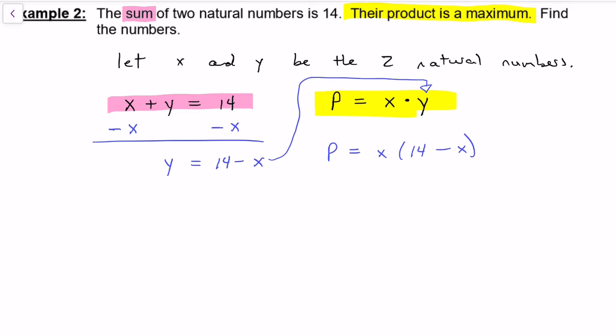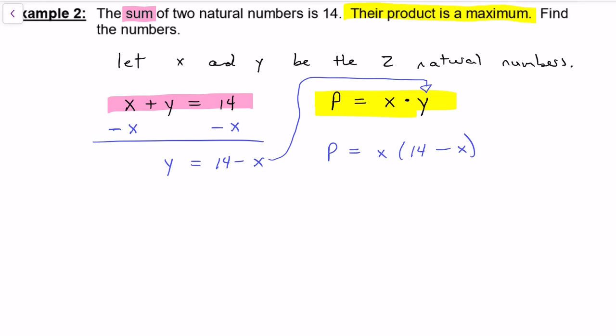And this is a parabola, because if I expand this, x times 14 is 14x, and x times negative x is minus x squared. Because the highest power is 2, I know this is a parabola, so we can graph this and find the vertex, and that's what I'm going to do this time.